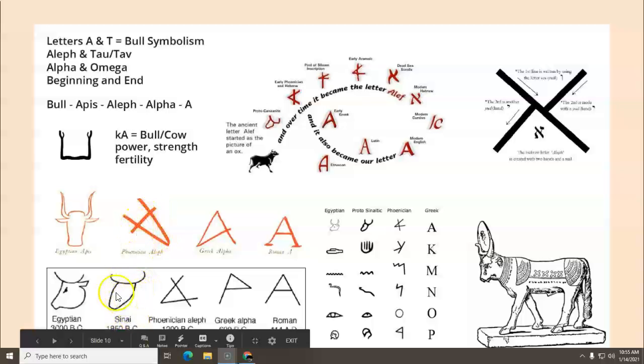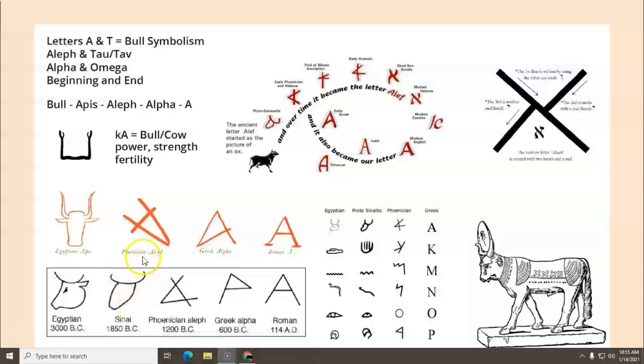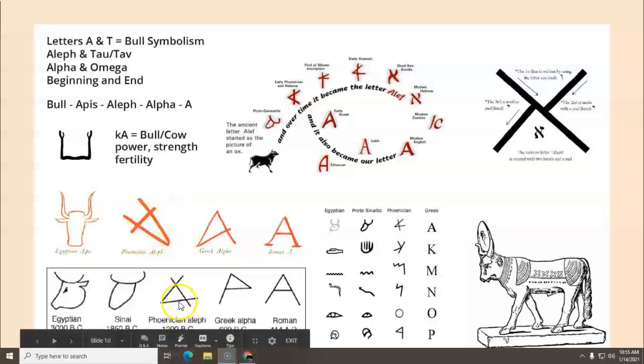That was for the head, and then the horns. In this case, in Sinai, it was curved horns. In Phoenician alphabet, the bar on that was extended over to make the little ears, and then the straight lines came up and became horns. So this is the same as this. It's just turned the opposite way.